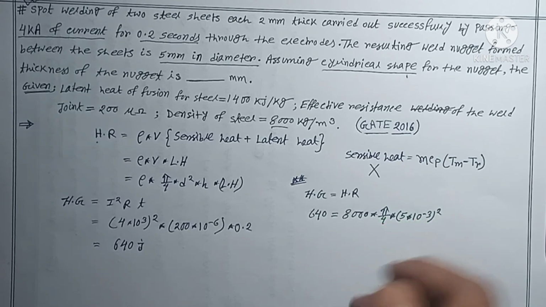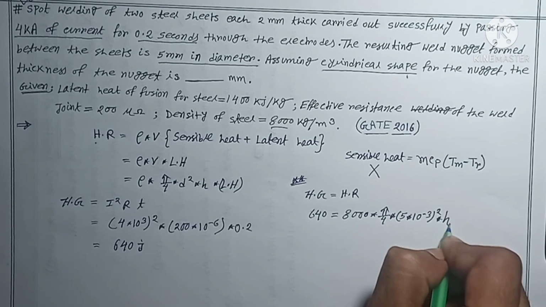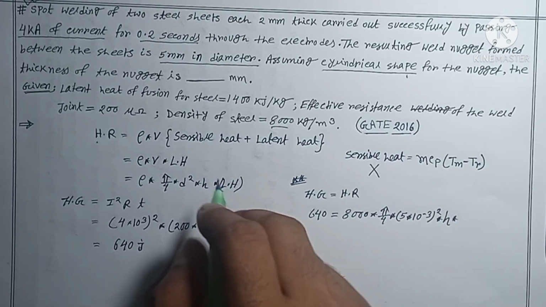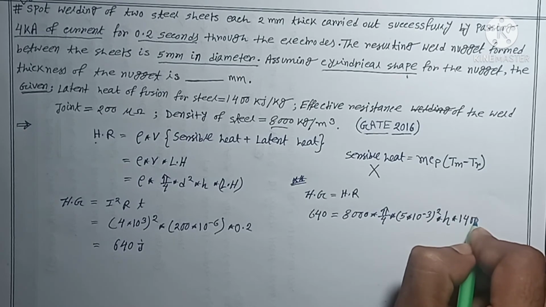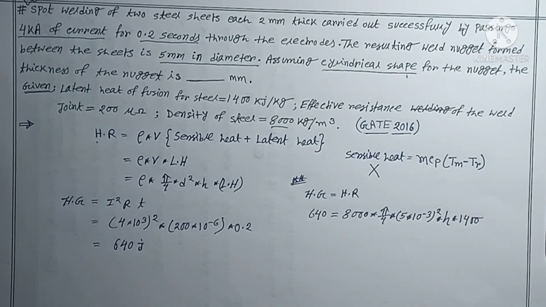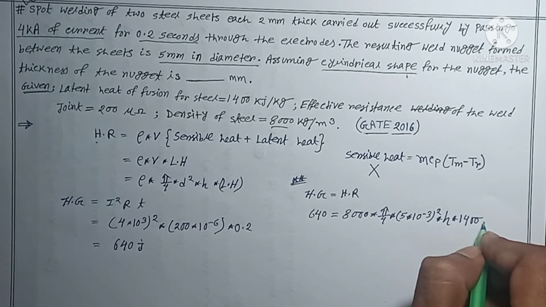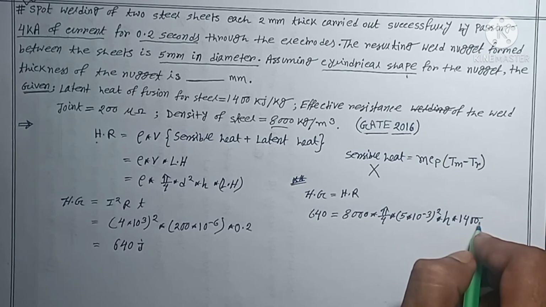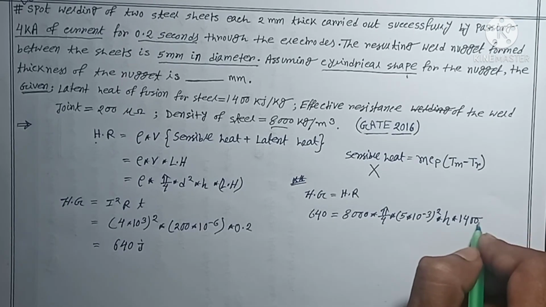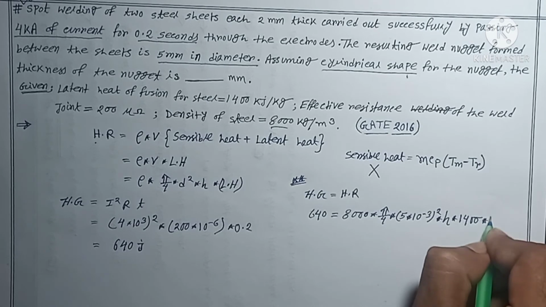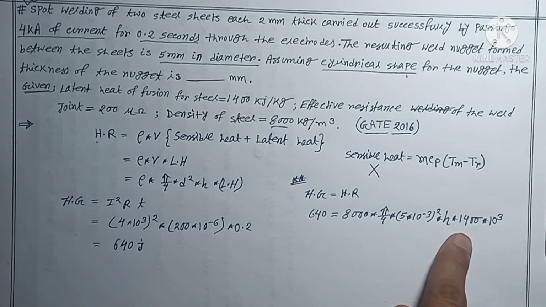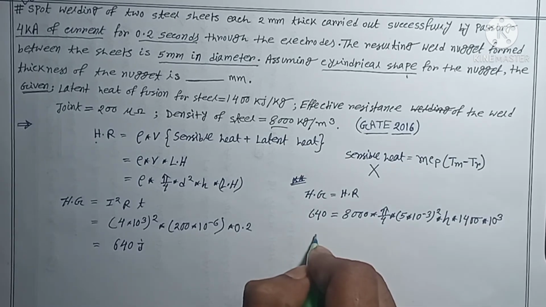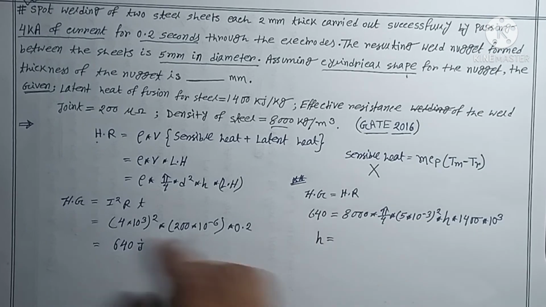So diameter is provided as 5, I am multiplying with 10 power minus 3 to convert millimeter to meter, so pi by 4 d square, and height we have to find out, and then latent heat they provide us 1400 kilojoule per kg. Okay, so this kilojoule you also have to convert to joule, so 1400 into 10 cube to get it from kilojoule to joule per kg. Now let's find out the value of height.